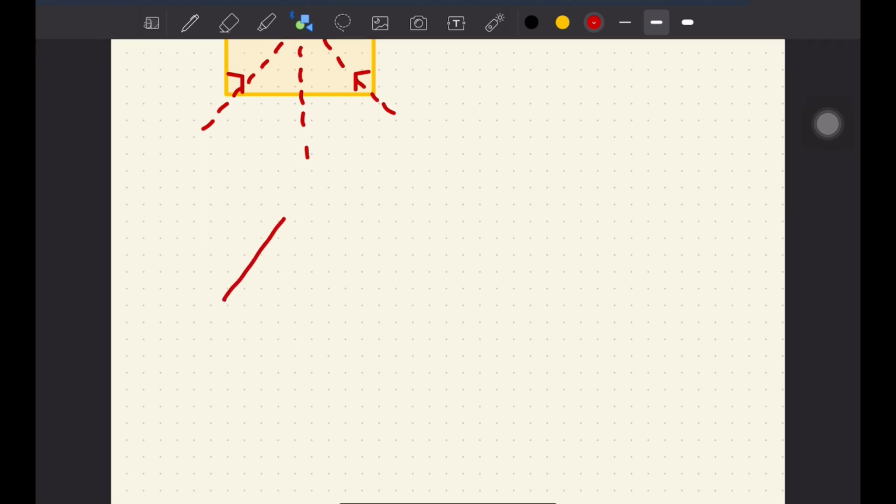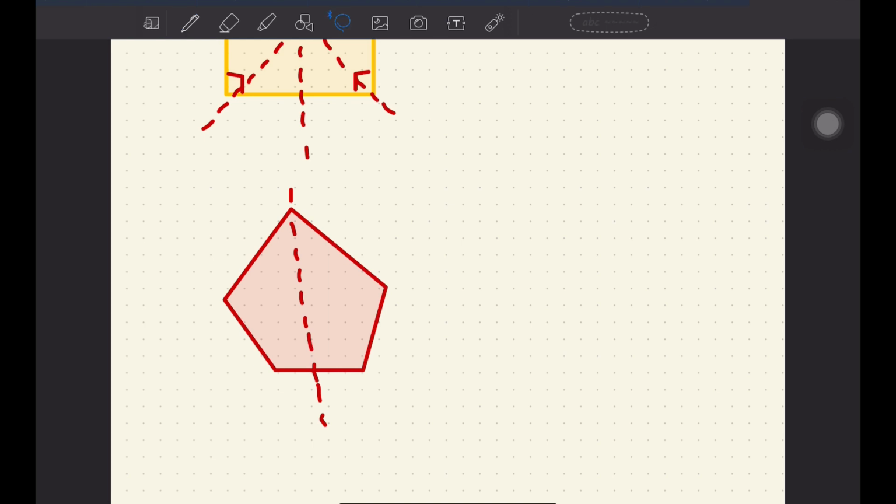Let's assume this is a regular pentagon. I think I better draw the proper one.